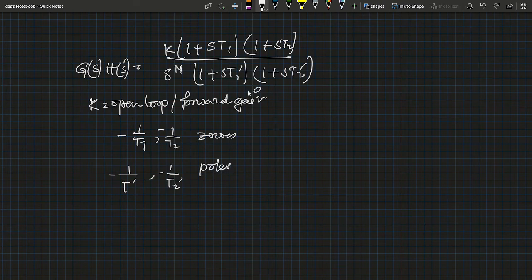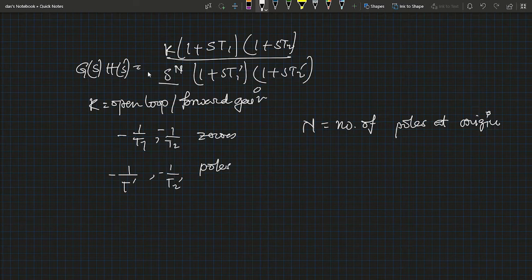We already know that. And here n is the number of poles at the origin, because there is no coefficient with this s to the power n, meaning the pole at 0.